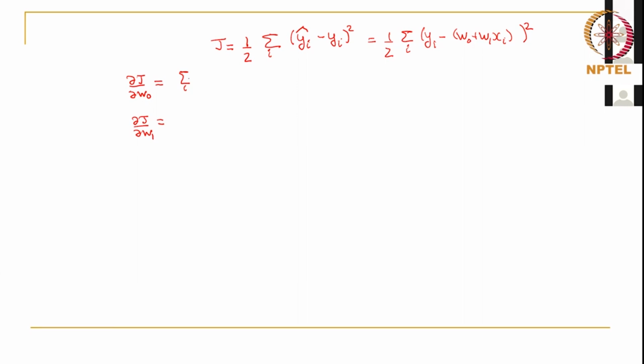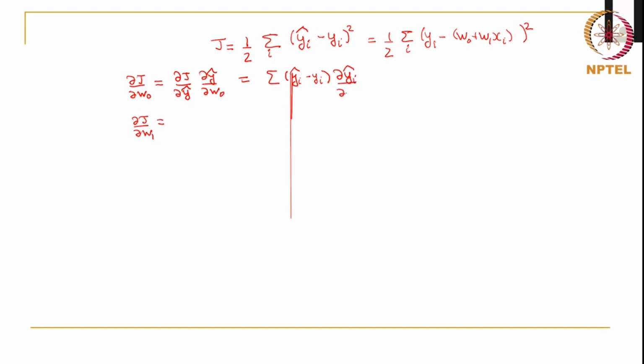So when I differentiate del J del W0, this is the same as del J del y hat times del y hat del W0. So when you do that, these 2's cancel. You get y hat I minus yi multiplied by del y hat I del W0. Everybody agrees with this?